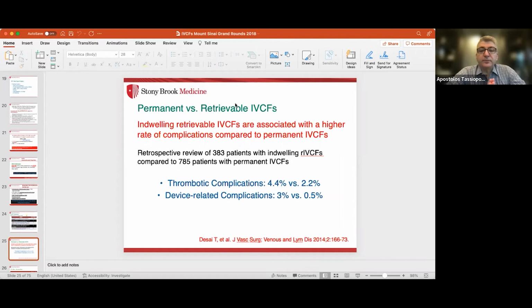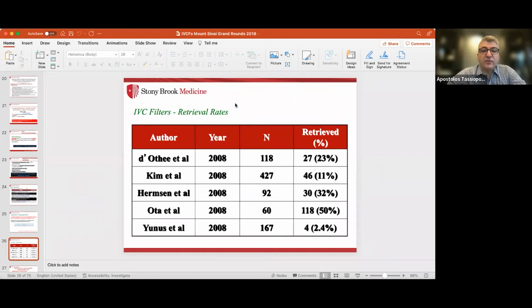And this study here completely challenged this notion by the EAST. They showed that the thrombotic complications were higher, and IVC filter complications were significantly higher on these patients that were getting these prophylactic filters inserted.